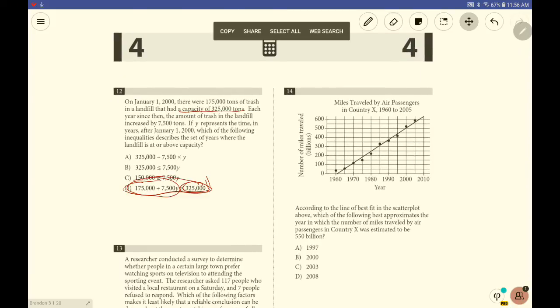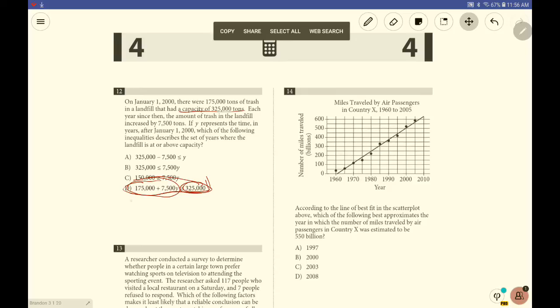So over time, we'll see a number of problems that are unit conversion. Here we have to write an inequality. We see the capacity of the landfill is 325, and the question they're asking is, when will the amount of trash be at or over the capacity? So we want to know, when is it going to be greater than or equal to 325?